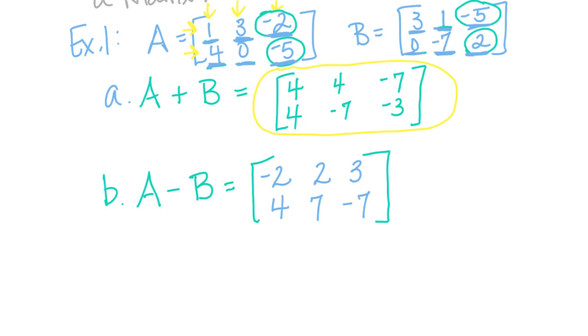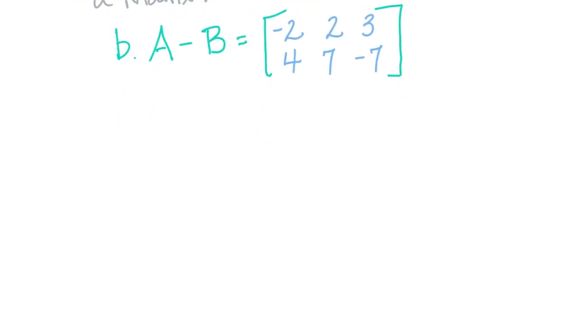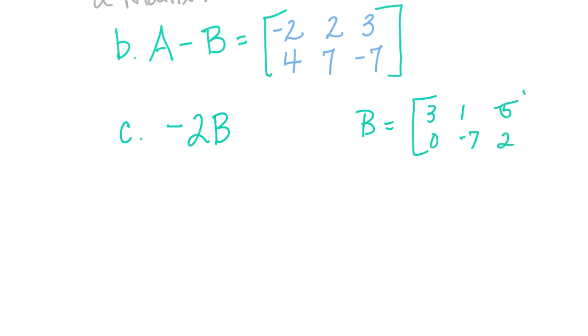All right, the last thing they're going to ask us to do in this section, and I will have to write out B again, is they're asking us to find -2 times B. Well, I'm going to rewrite B. B was 3, 1, -5, 0, -7, 2. So with scalar multiplication, it's kind of just like distributing.